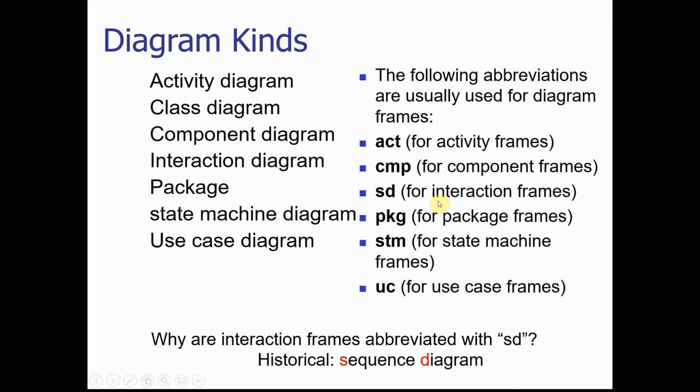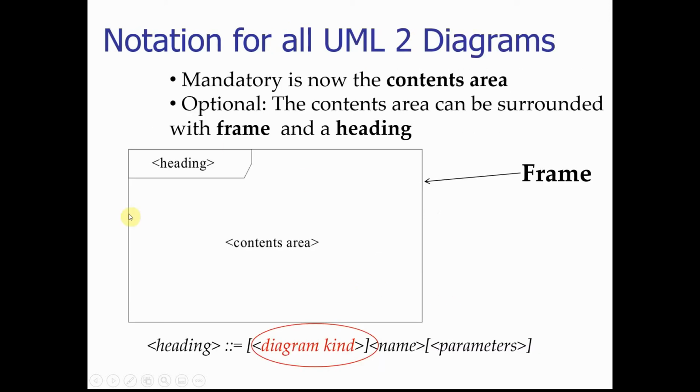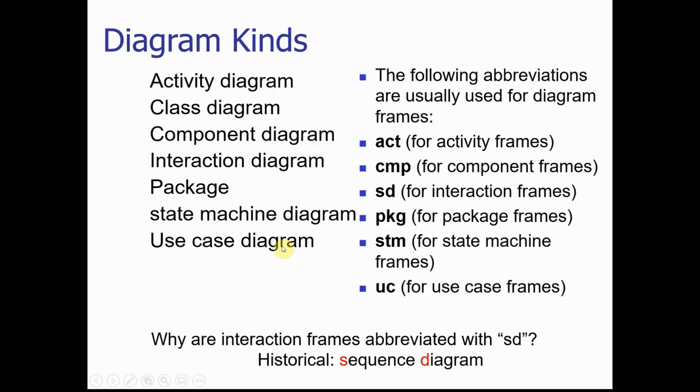If you suddenly change to a different type, people get confused. So we still use SD for the interaction frame, PKG for the package frame, STM for state machine, and UC for use case frame. So each frame has this type to represent the type of the content in the diagram.